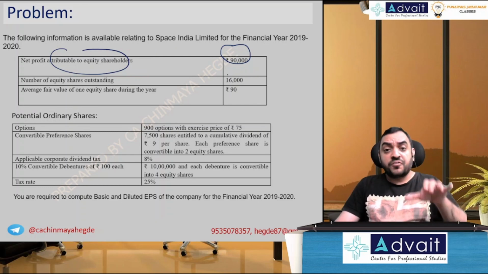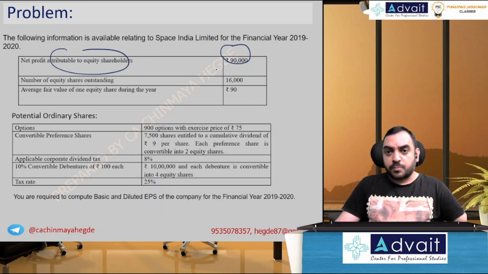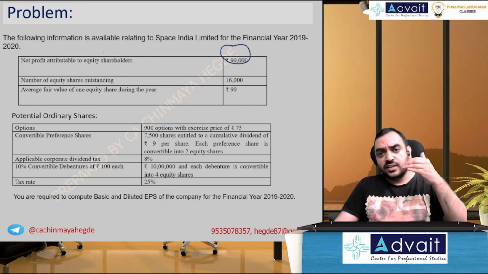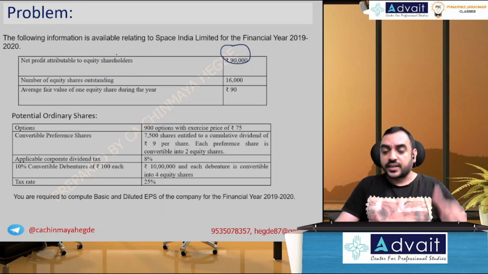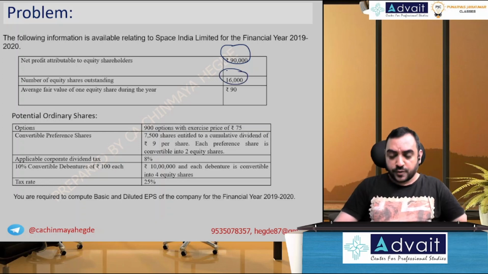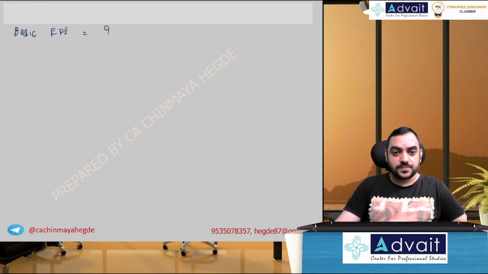If they're just given profit after tax, we might have to subtract preference share dividend. Divided by number of shares, so 90,000 divided by 16,000 is 5.625.